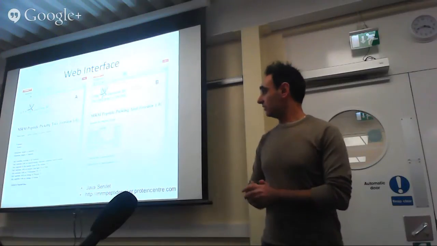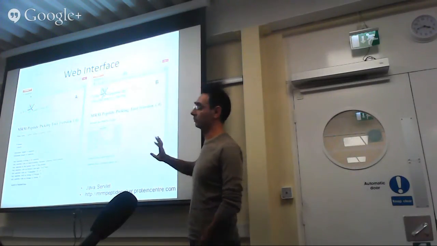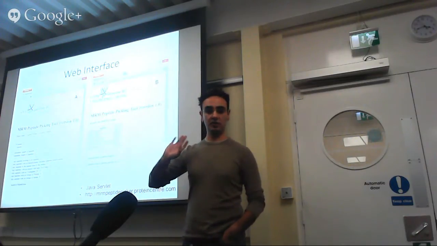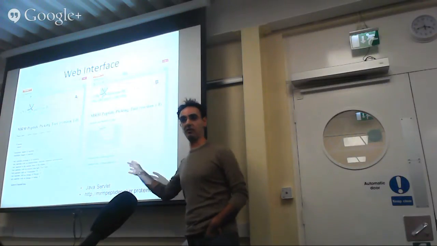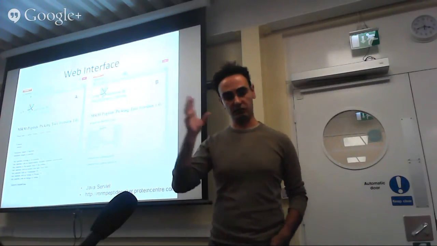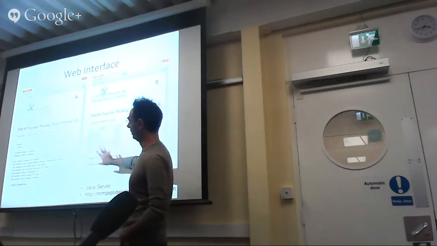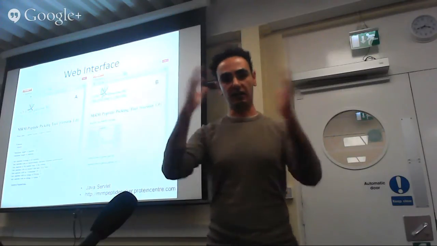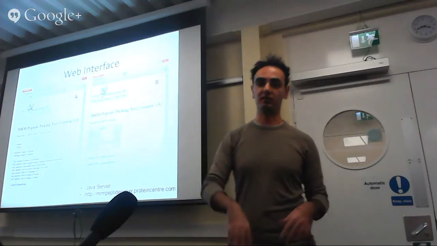It's a Java servlet. That means from the beginning when we developed it, we wanted it to be possible to use it as a get service from within Taverna. That means you can call this web interface or this service from Taverna in another workflow.